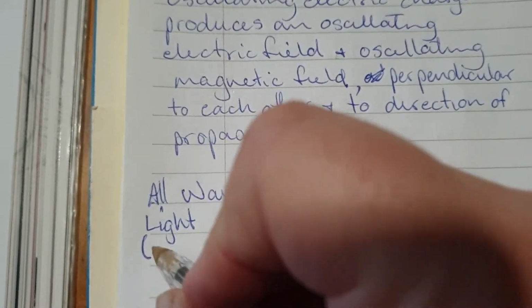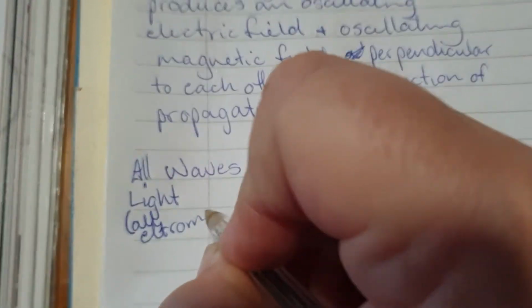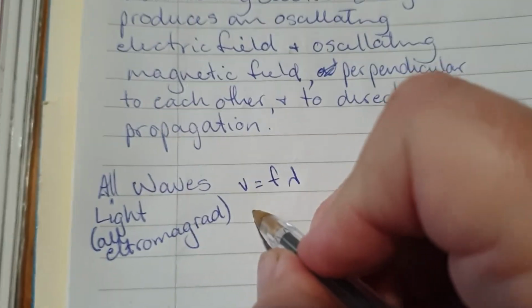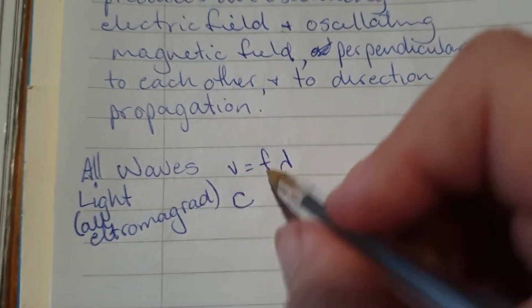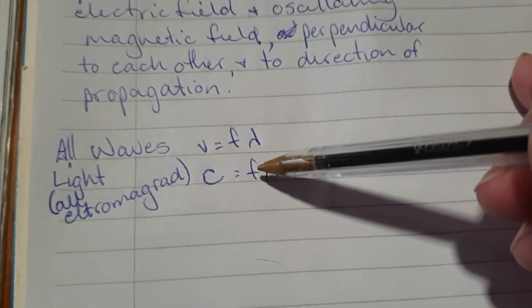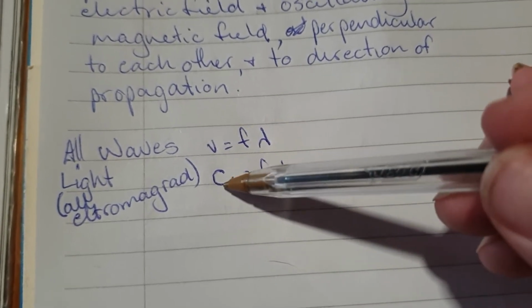For light and all electromagnetic radiation, it all travels at the same speed, the speed of light. So c equals f lambda. That means if the frequency increases, the wavelength must decrease because this is a constant.